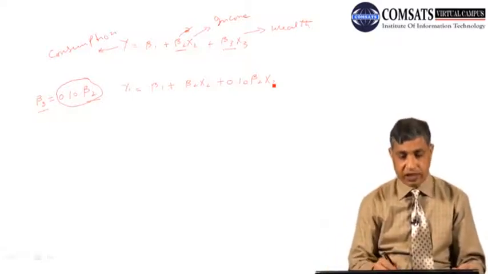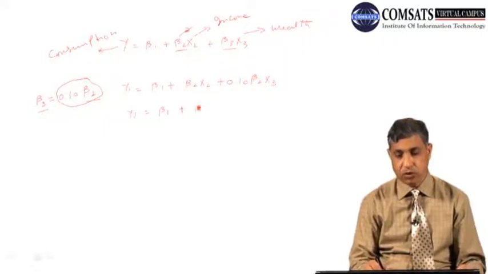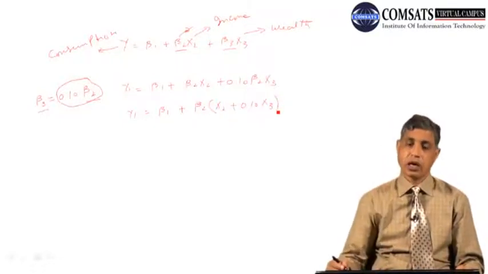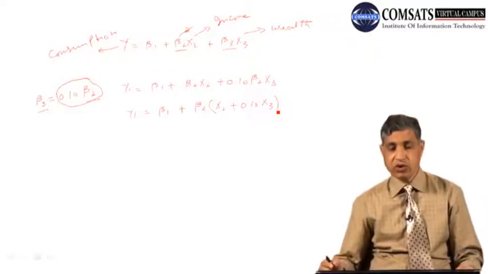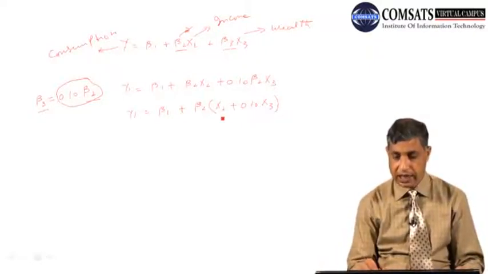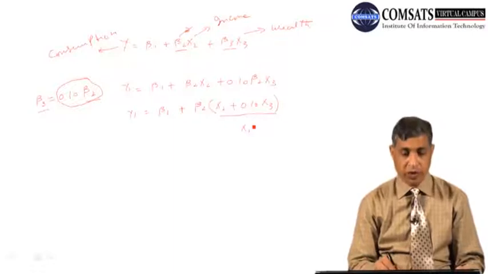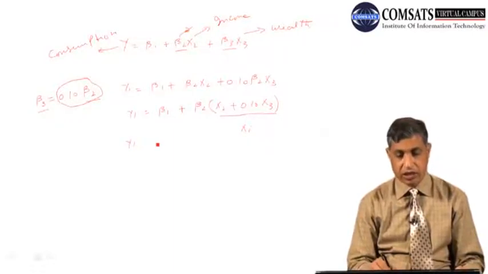If I go further, it will become yi equals beta 1 plus, taking beta 2 as common, beta 2 times x2 plus 0.10 x3. Now I assume that x2 plus 0.10 x3 is equal to xi. Now my model will become yi equals beta 1 plus beta 2 xi.